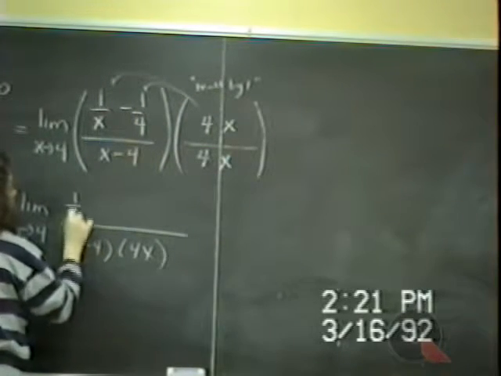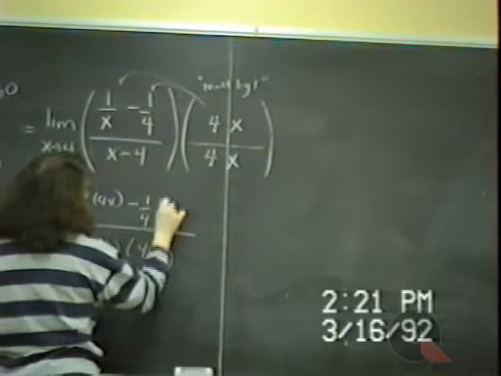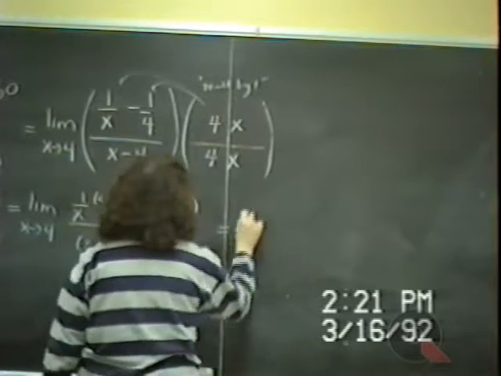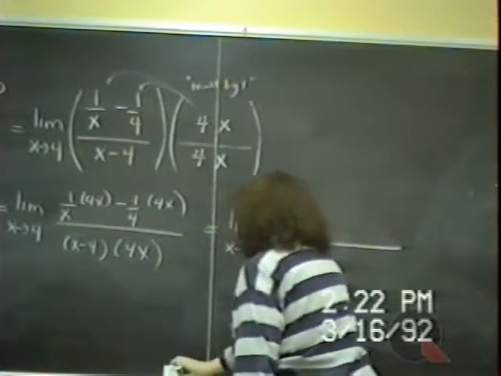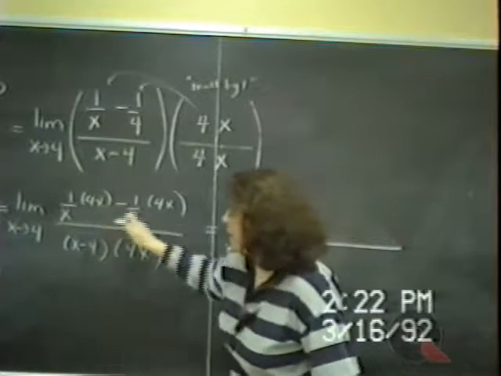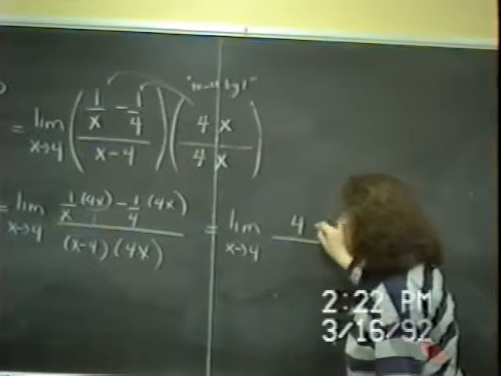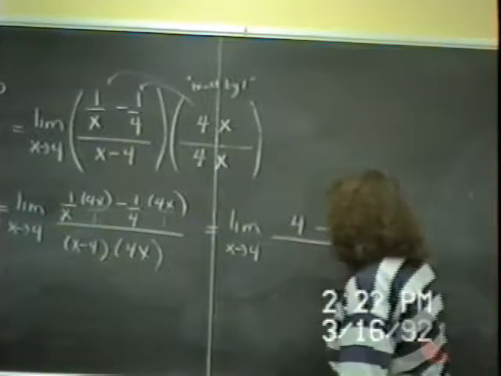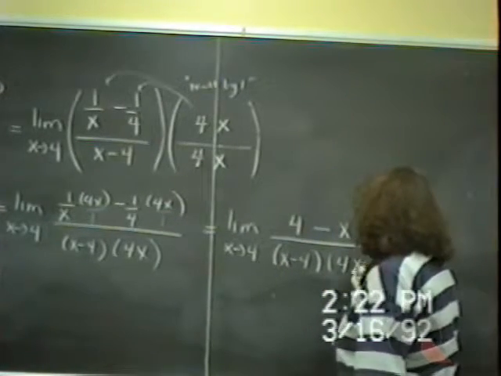It's going to be 1 over x times the 4x minus 1 over 4 times the 4x, which gives us the limit as x approaches 4 of 1 over x times 4x, which is really 4x over 1. The x's cancel. We have 4 minus 1 over 4 times 4x over 1. The 4's cancel. We have just the 4 minus x over x minus 4 times 4x.